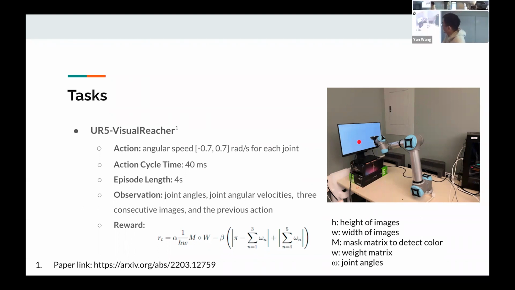The reward function here seems very complicated, so I won't go into the details, but the main intuition is the following. This portion of the reward function encourages moving the fingertip of the arm as close as possible to the target, and the second portion is used to penalize abrupt twisting of joints.